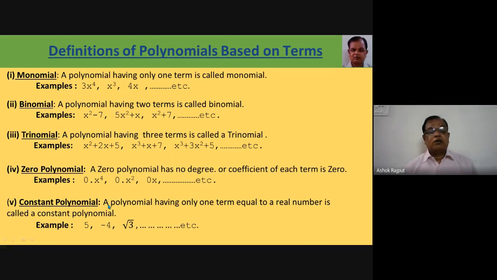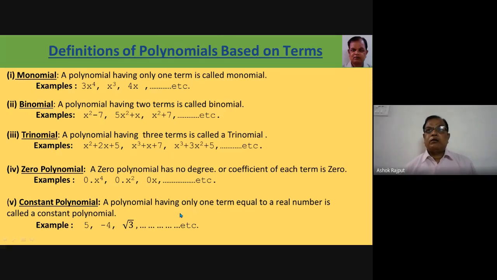Constant polynomial: a polynomial having only one term equal to a real number is called a constant polynomial. Its value is a real number and the term is only one, so it is a constant polynomial. It means an unchanged value.